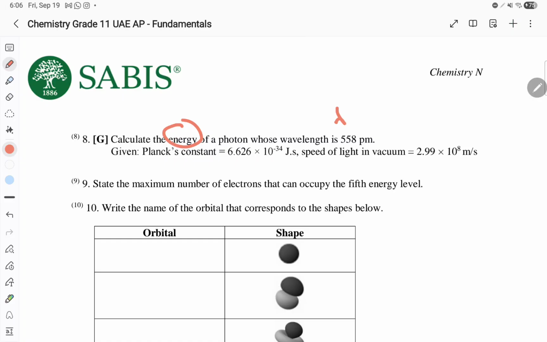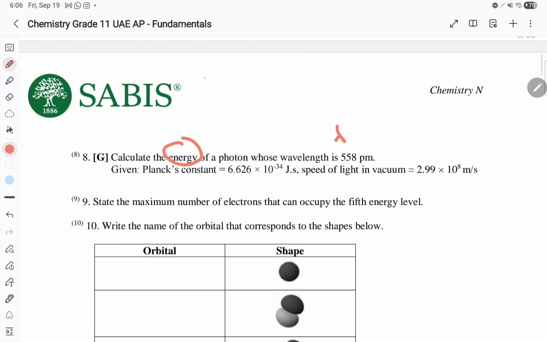So we just apply the same rule we used above, which is E equals hc over lambda. Since we do not have frequency, we cannot apply E equals h times frequency.